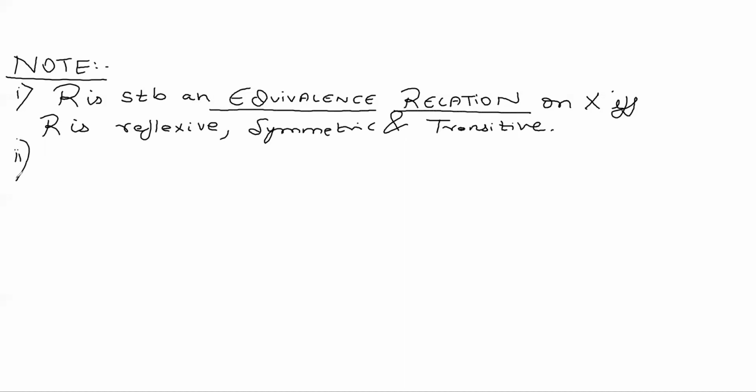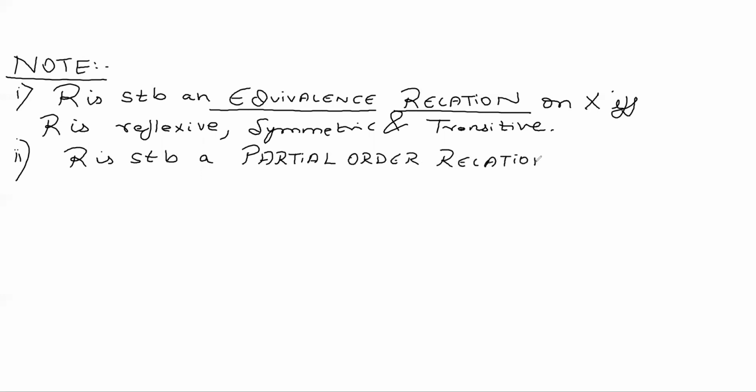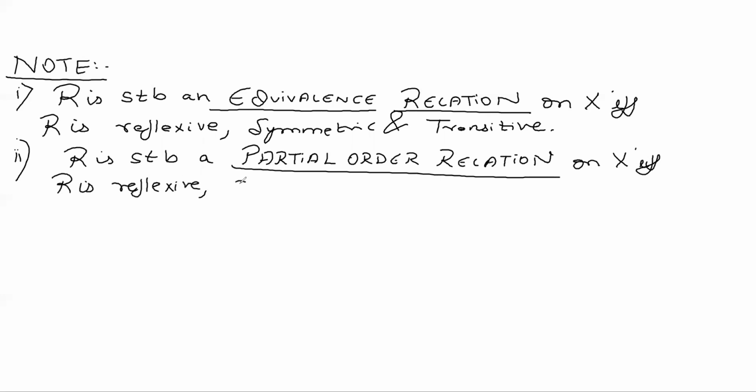And second point, R is said to be a partial order relation on X if and only if R is reflexive, anti-symmetric, and transitive.